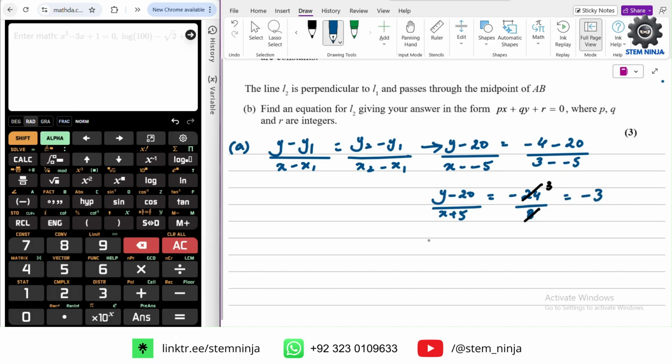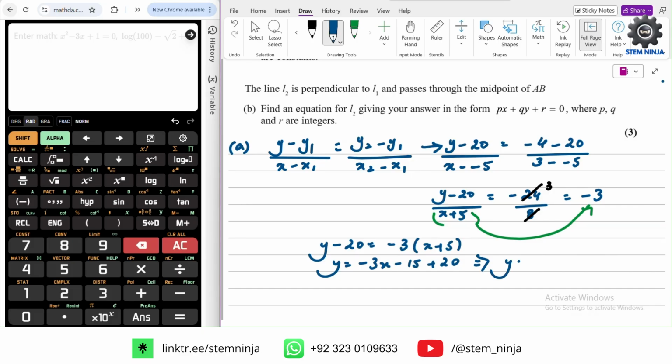So -3 is our gradient, so let's further simplify. y - 20 equals -3 times (x + 5), just simply taking this term to the right hand side. Now let's expand. So y would be equal to -3x - 15 + 20, simplifying further to y = -3x + 5.